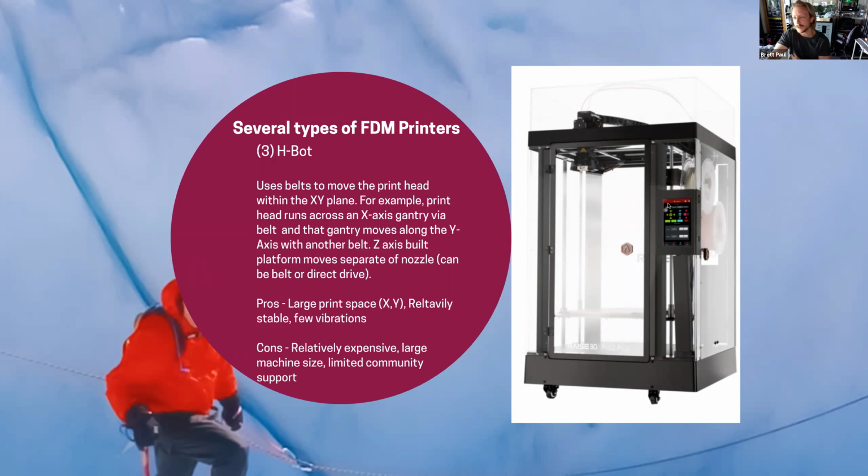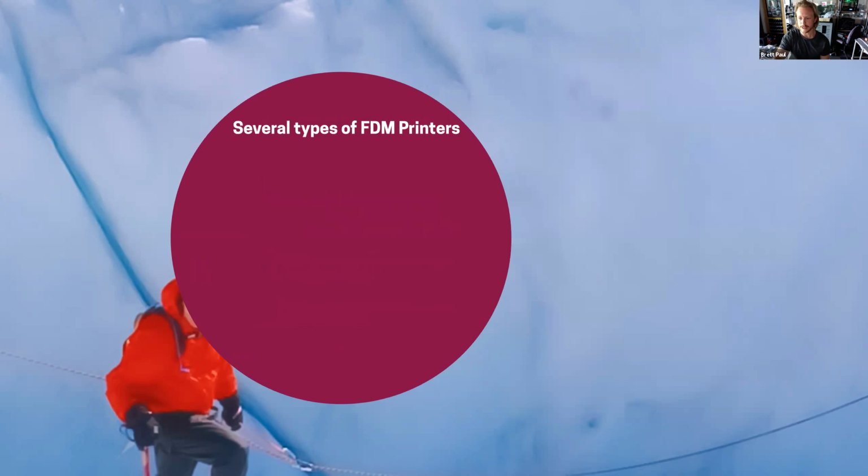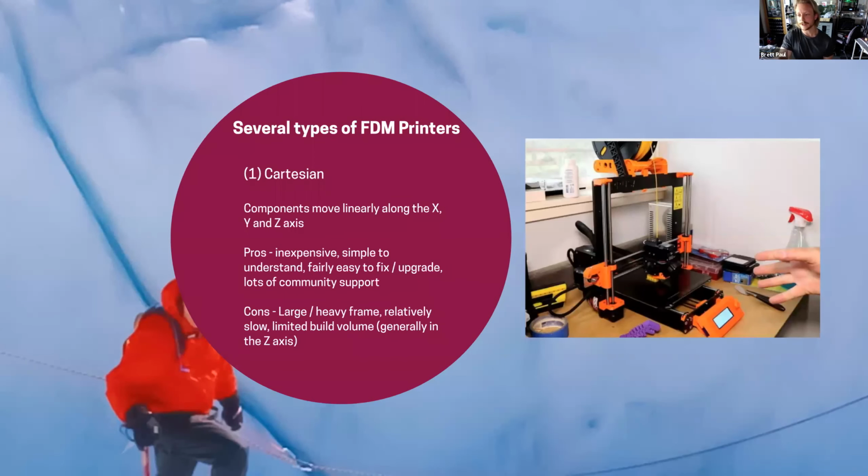Whereas if you were to build your own or have more of a printer like this one here, there are hundreds of forums you could go on to understand what's going wrong.